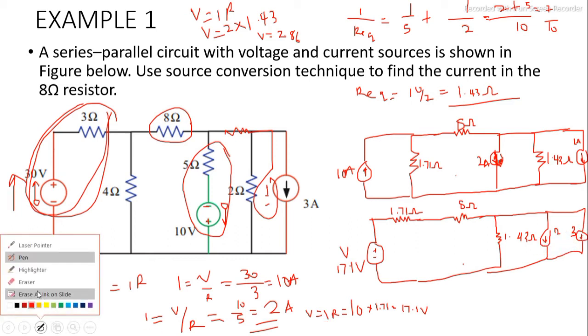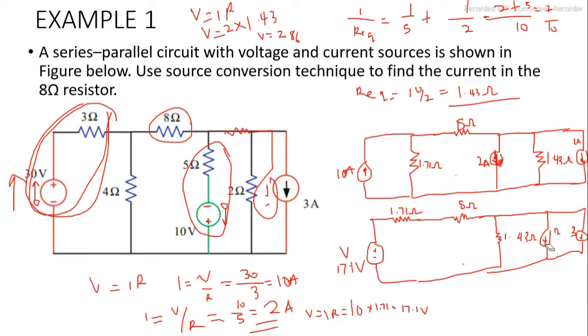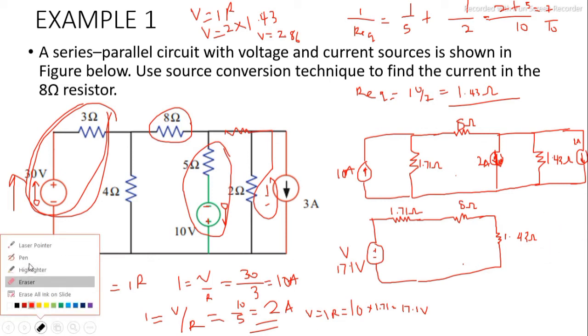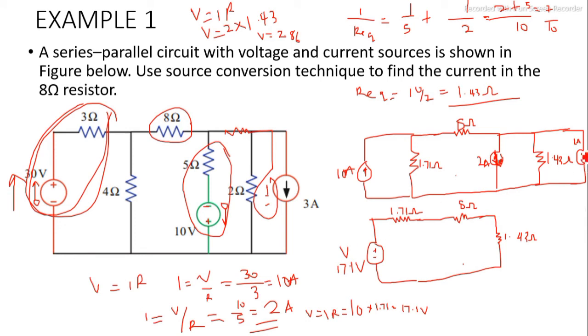Had one been moving upward, it would be 3 minus 2. But since they are in the same direction, it is 2 plus 3, which is 5 ampere.